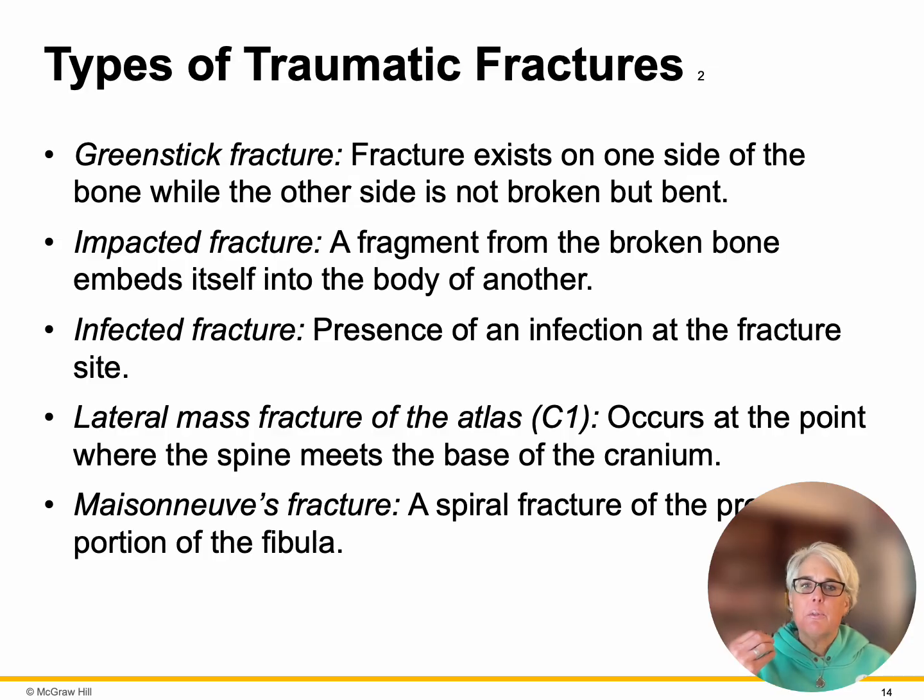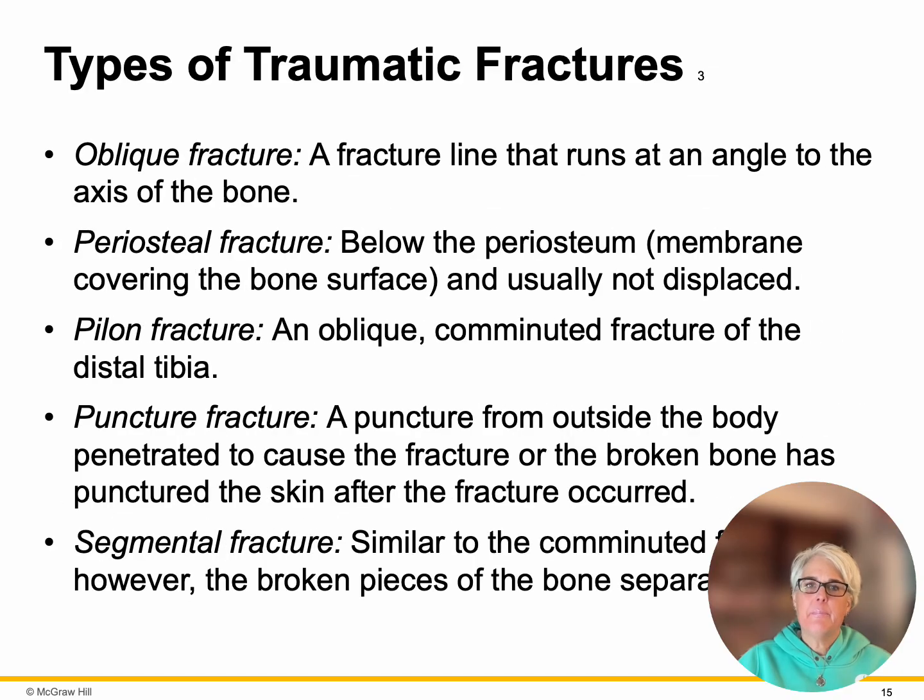Mason-Naves is a spiral fracture linked to an ankle injury mechanism. Oblique, parosteal, pylon, puncture, and segmental fractures all describe unique orientations or mechanisms. For coders, recognizing these words in the report helps you choose the correct code category and the laterality.